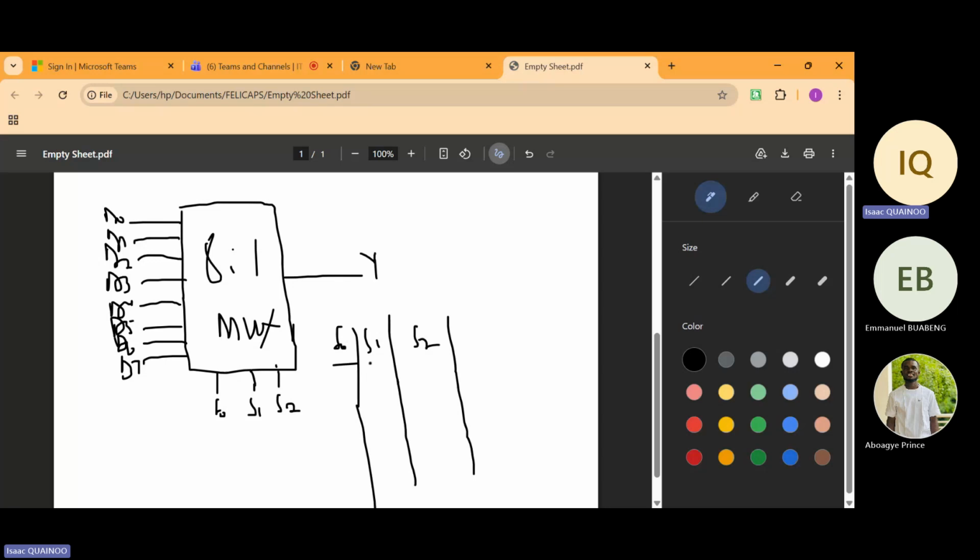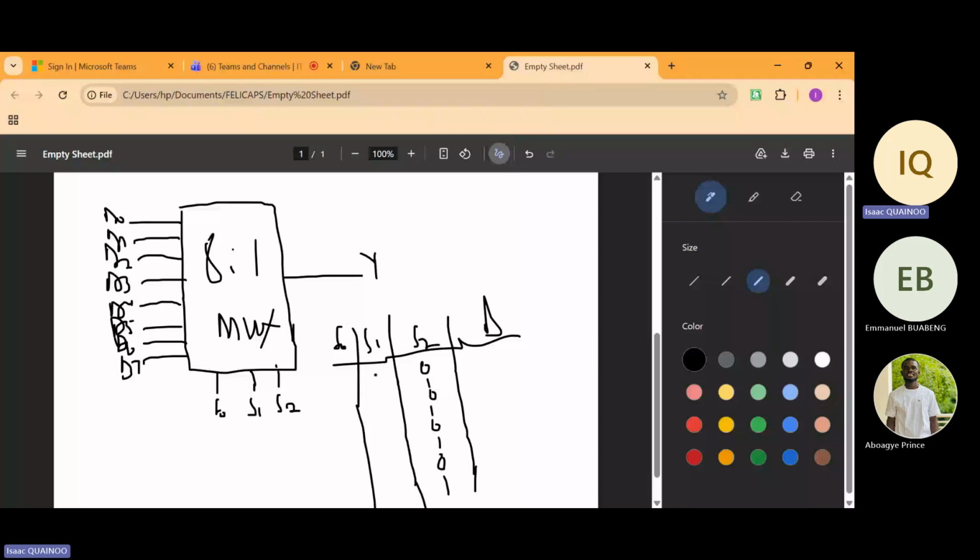And then we have to look at their corresponding D values, or the data lines that will be selected. So here we have 0, 1, 0, 1, 0, 1, 0, 1.